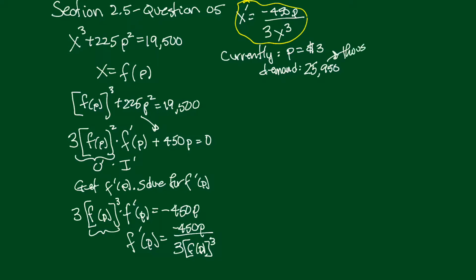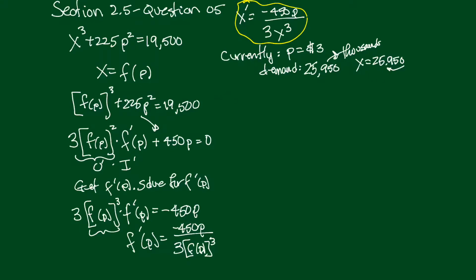We need to be careful here. This is already in thousands, so I'm going to write that x is equal to 25.950. It's already in thousands, right? So bring our decimal point over. I don't want to be using this number here, that would be 25,000, right? So x is already in thousands, so we'll use this number right here.